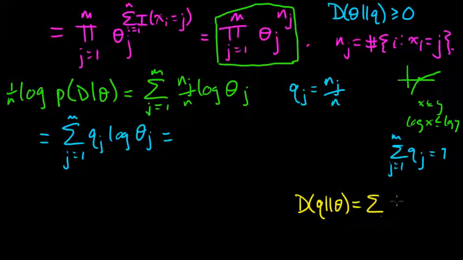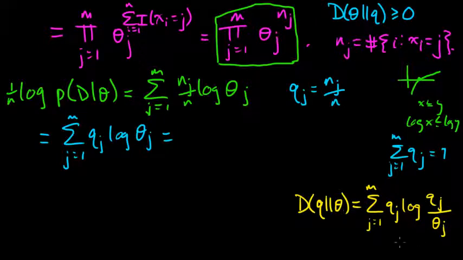It's the sum, I'll do it over j since that's what we're working with, from 1 to m over all the values of the distribution, all the different elements that this is a PMF over, of qj log qj divided by theta j.